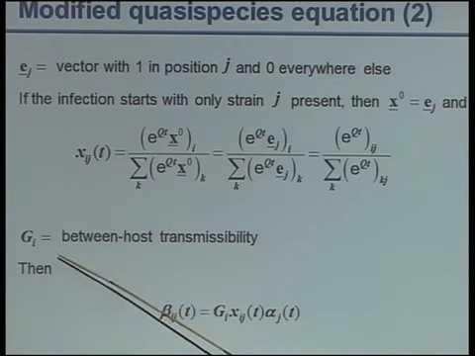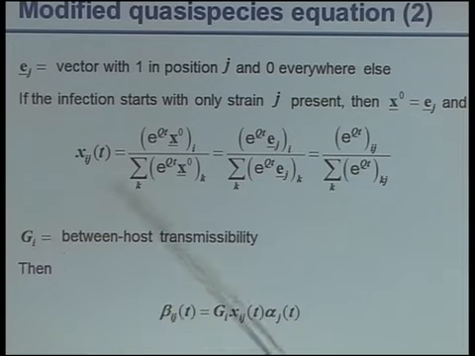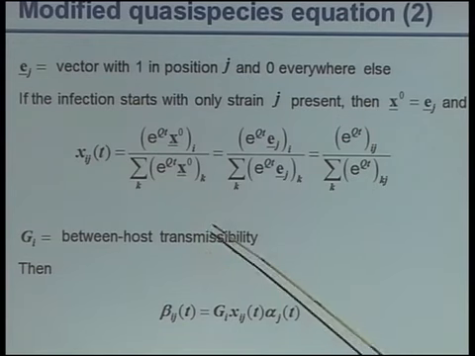In addition, to allow for more flexibility, I also have a constant here that tells me how likely it is for strain I to be transmitted between hosts. So there are some strains that can be transmitted between hosts more easily than others. So this is the between host transmissibility.